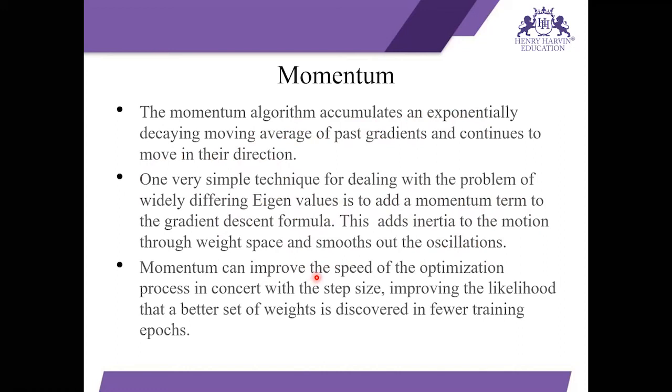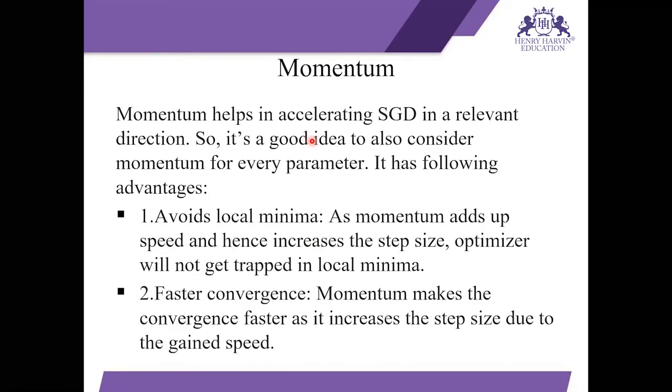Momentum can improve the speed of the optimization process in concert with the step size, improving the likelihood that a better set of weights is discovered in fewer training epochs. So momentum helps in accelerating SGD in a relevant direction. It's a good idea to also consider momentum for every parameter.